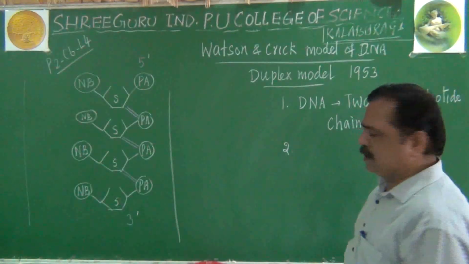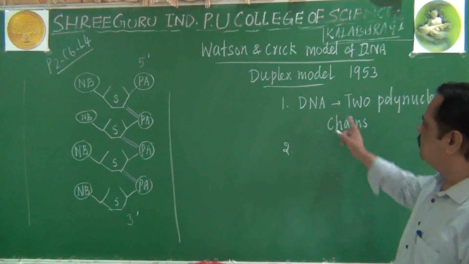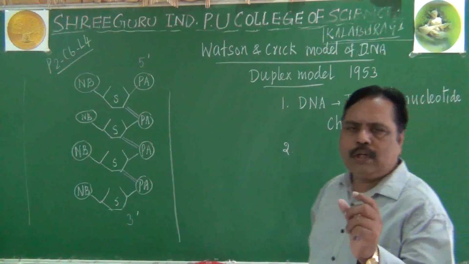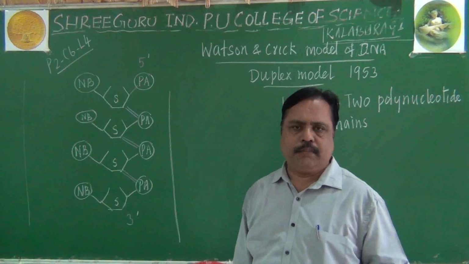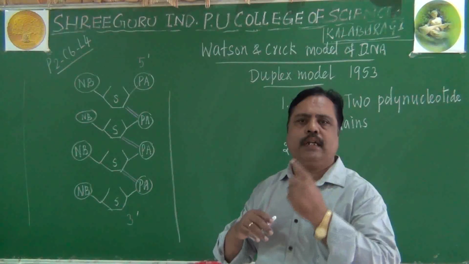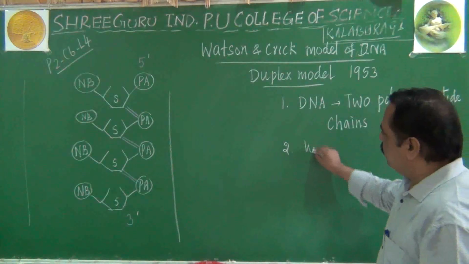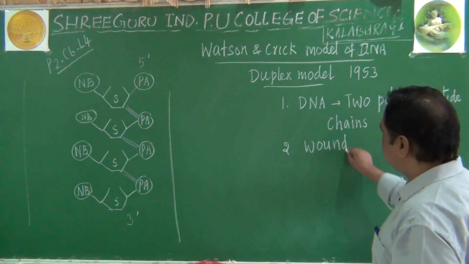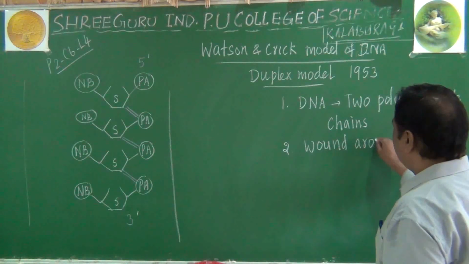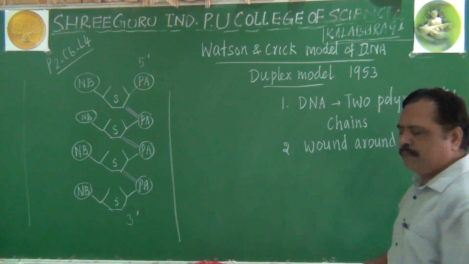The second point we have to remember is that these two chains are wound around an imaginary axis into a helical staircase-like structure. Wound means coiled, we can say.